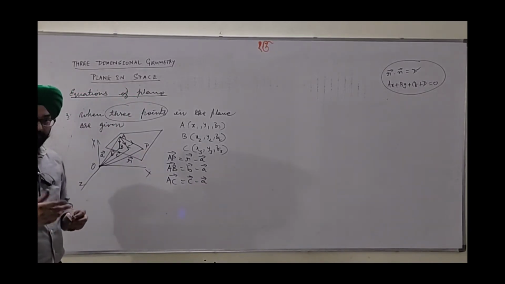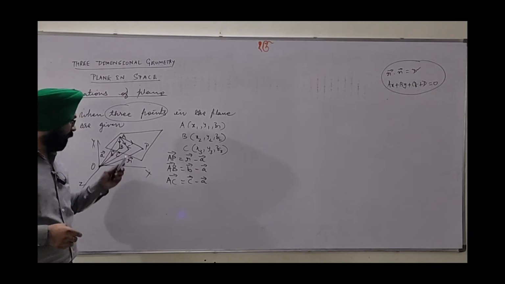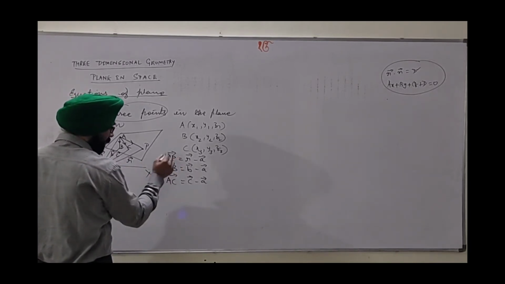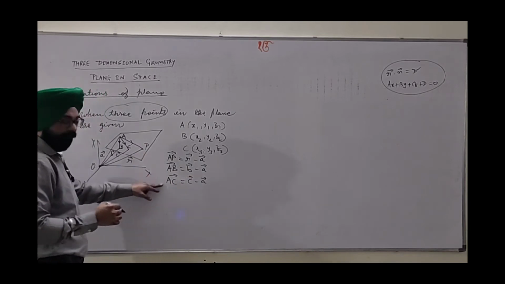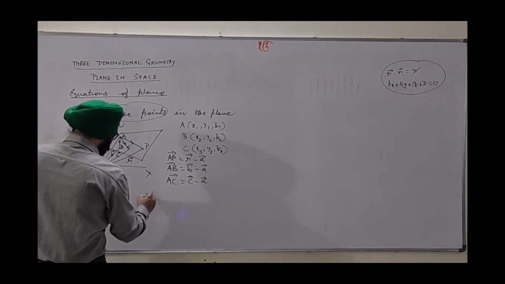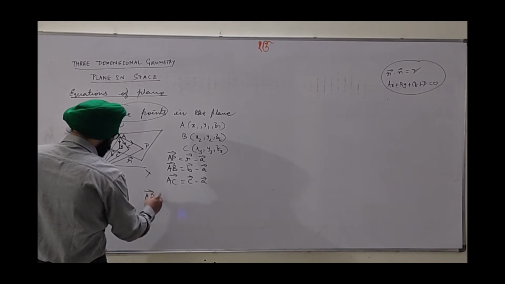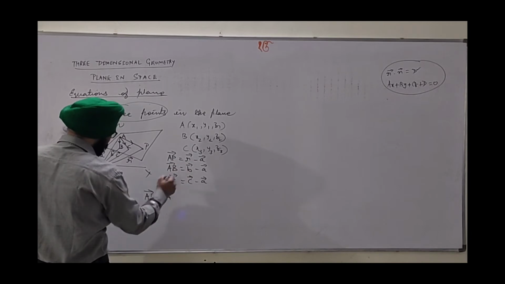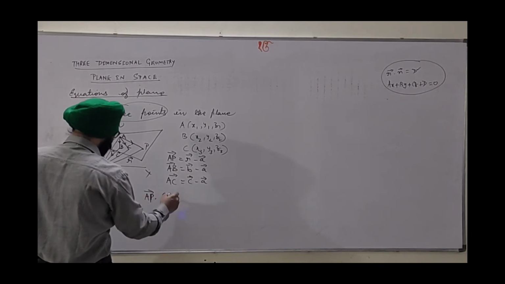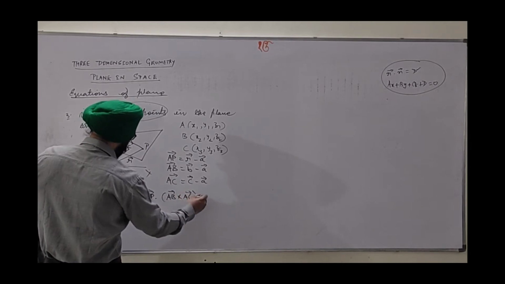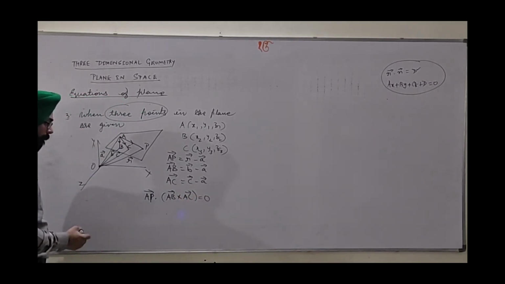Now I will come back to the theory. When 3 vectors AP, AB, AC are coplanar, then the scalar triple product between them, or the box product, is 0. So AP dot AB cross AC equals 0.